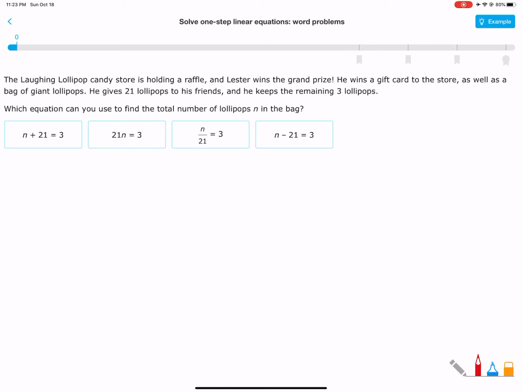So we have to circle some of the information we know. He gives 21 lollipops to his friends, and he keeps the remaining 3 lollipops. So let's say that n represents lollipops.